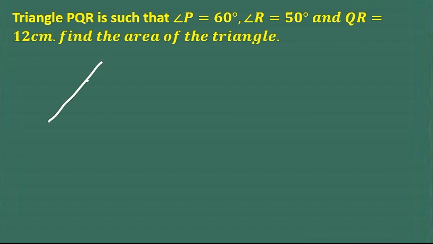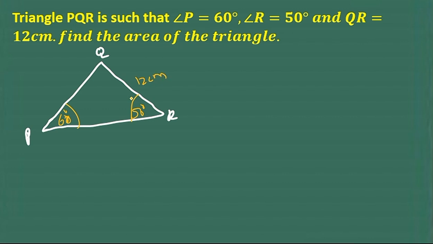So if we have this triangle, call this P, Q, R, and here angle P is 60 degrees, angle R is 50 degrees, and the dimension QR, this is QR, 12 centimeters. So we have to find the area of this triangle.